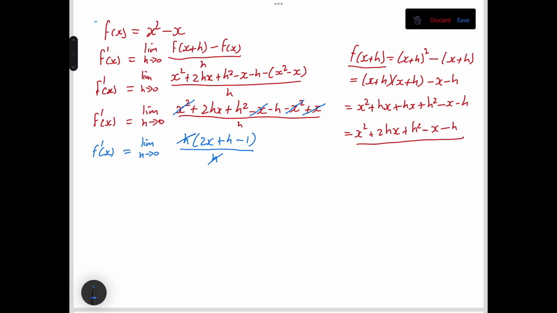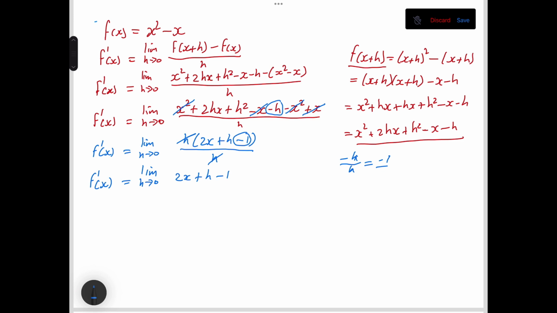Now you might think, where did we get the negative 1 from? I'll show you now. First derivative equals the limit where h strives towards 0. That gives us 2x plus h minus 1. If you are wondering where we got the negative 1 from, we simply say negative h over the common factor gives us negative 1.